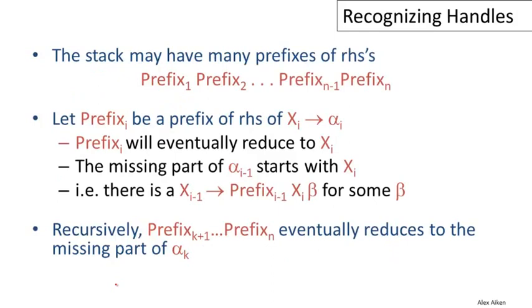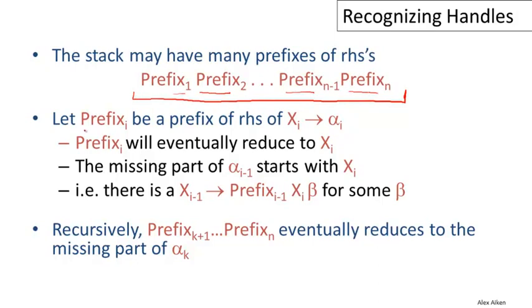And now we can talk about the structure of the stack. As we said, it's not just arbitrary collections of symbols. In fact, it has this very particular structure. So the stack is actually a stack of prefixes of right-hand sides. The stack always has this organization where there's a bunch of prefixes literally stacked up on the stack.